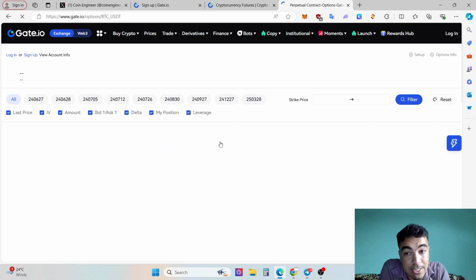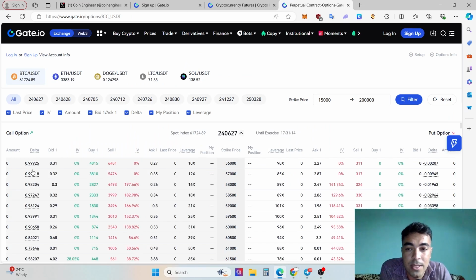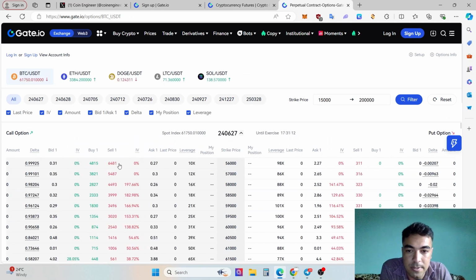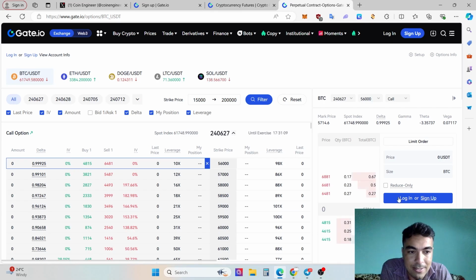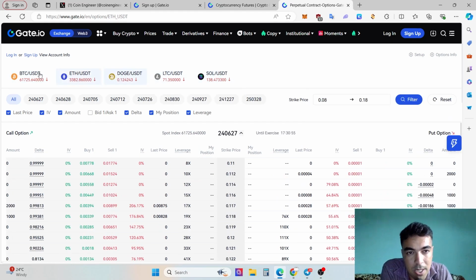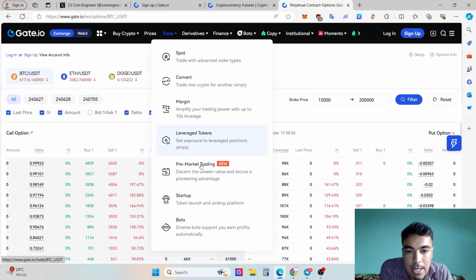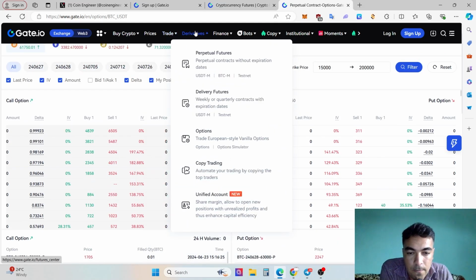do option trading at Gate.io, you can take a look, for example, at that, and then first of all, choose your own limit order, put price, size, click reduce only if you want, and then you will see the order button, and you can use the filter, you can change your own currency, for example, Doge, Ethereum, Bitcoin, etc. And then what we need to do, take a look.